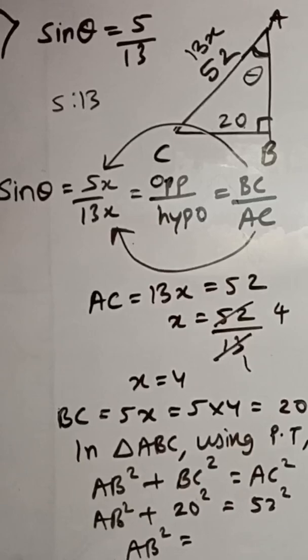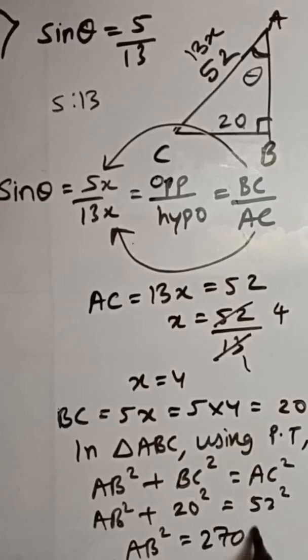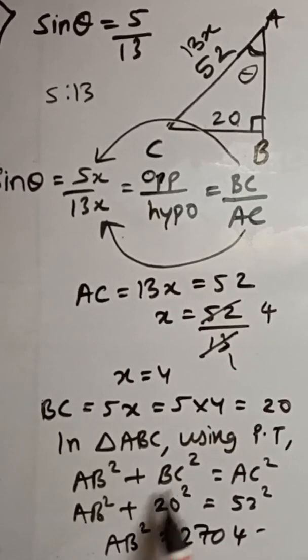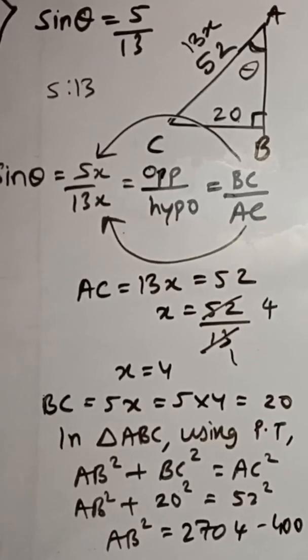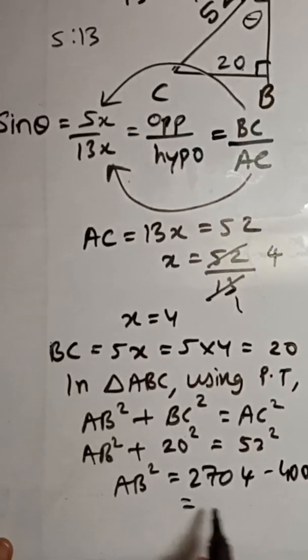50 square is 2500. 52 square is 2704, minus 20 square is 400, will get subtracted, minus 400. Okay, so you will get this as 2304.